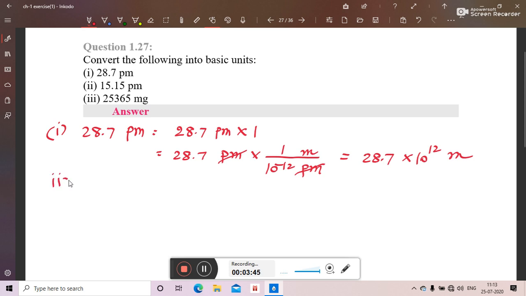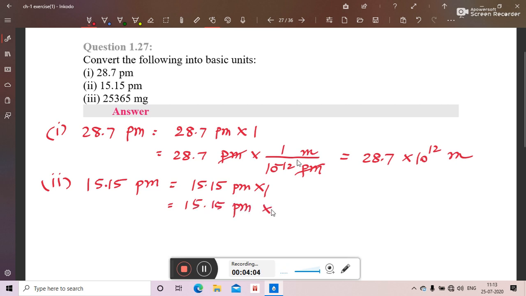Now number 2 is 15.15 picometer. Now again picometer is the unit of length. So we can write it as 15.15 picometer into 1. Now again you have to use the same unit factor. So 15.15 picometer.